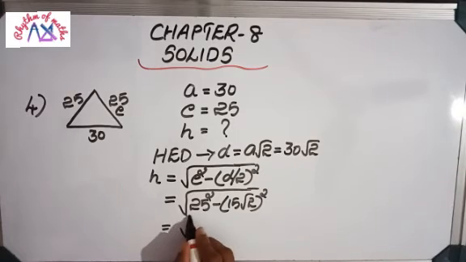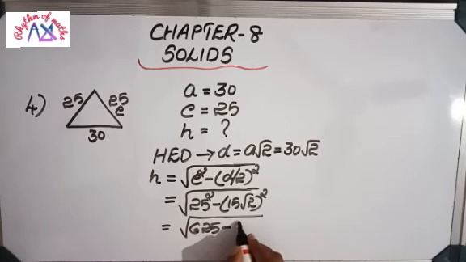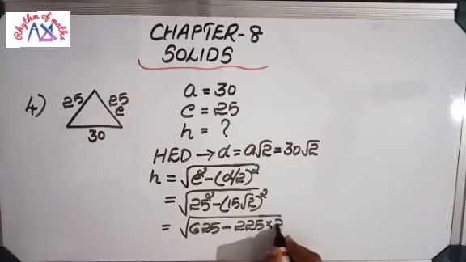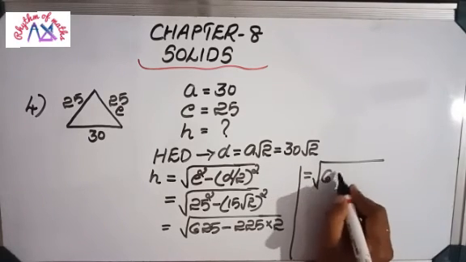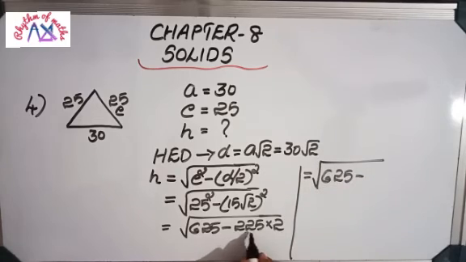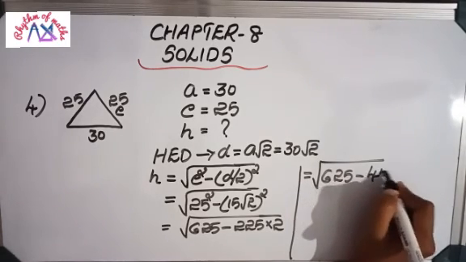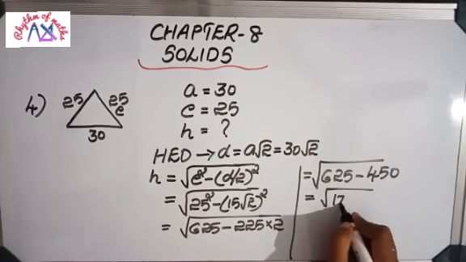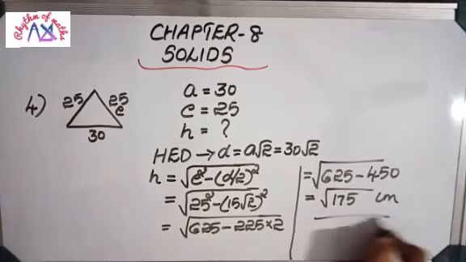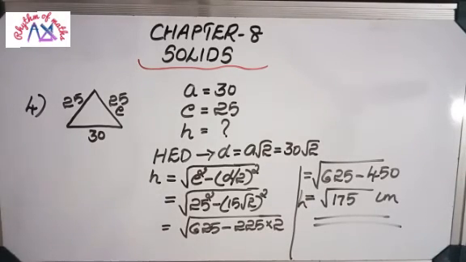In the next step, 25 square is 625 minus 15 square, which is 225, into root 2 square, which is 2, that is 450. When you subtract, you get the answer root 175 centimeter. That means the height of this square pyramid is root 175 centimeter. No need to simplify, it is enough.